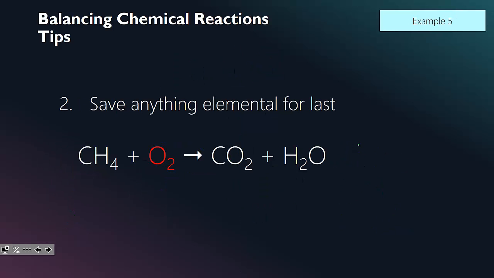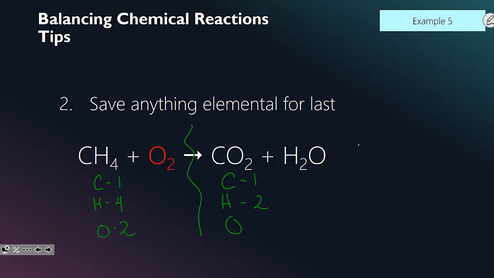My next trick, or my next advice for you, is to save anything that's elemental for last. Here we see the combustion of methane, where carbon and hydrogen react with oxygen to form 1 or more oxides. Doing our atom inventory, 1 carbon becomes 1 carbon, and 4 hydrogens become only 2 hydrogens.